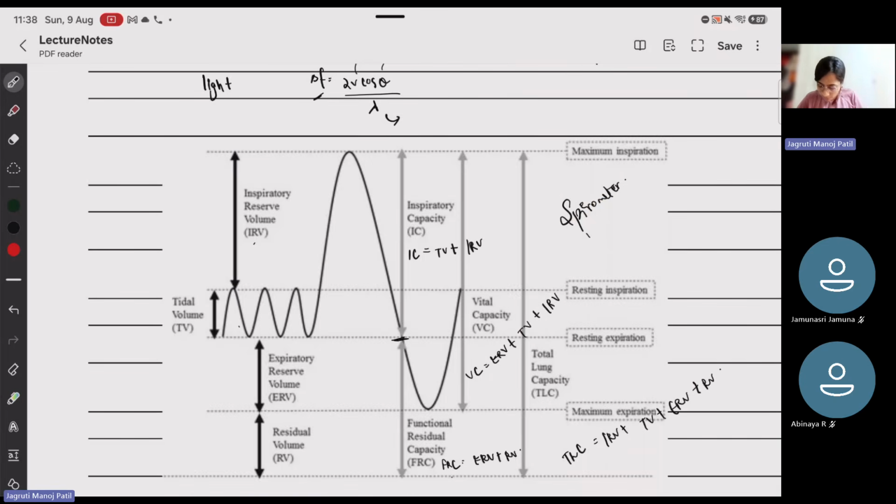After the spirometer, you can also look at the pneumotachometer. It is a type of spirometer where you measure the airflow when you breathe, and it looks cool. So you can go take a look at the spirometer and pneumotachometer. Just Google it and you'll see how it looks.